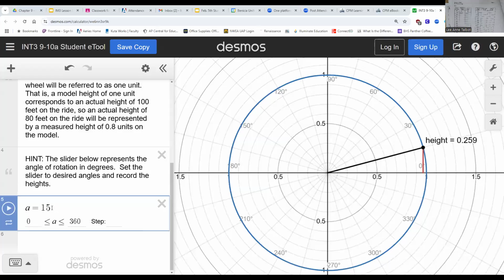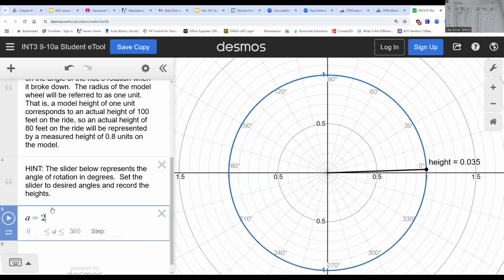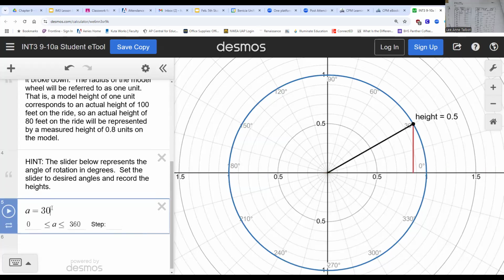What does this have to do with waves? Just wait, just wait. Okay, so the next one's 30.